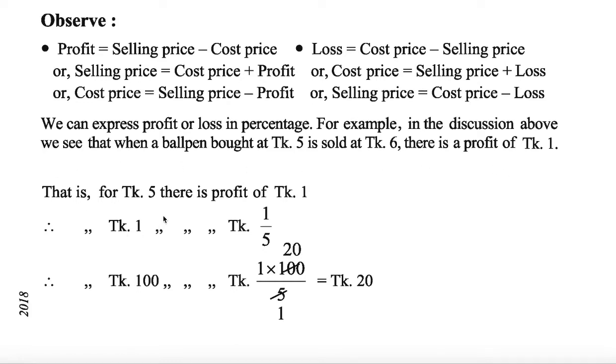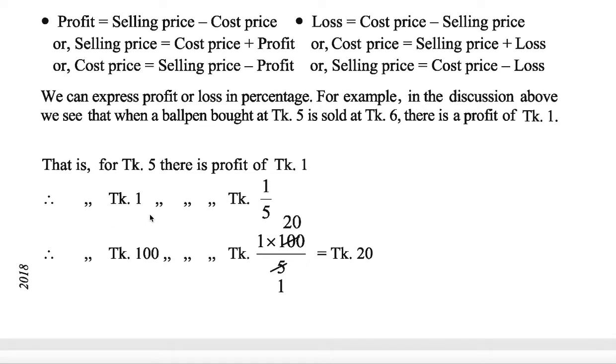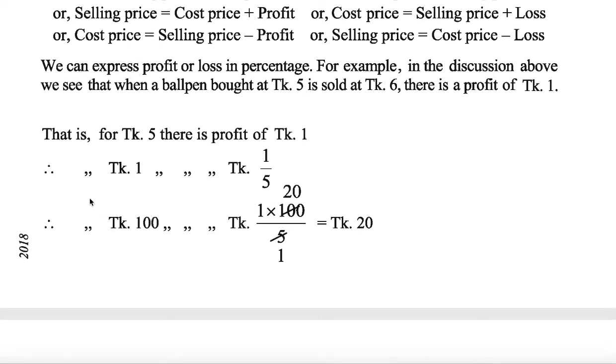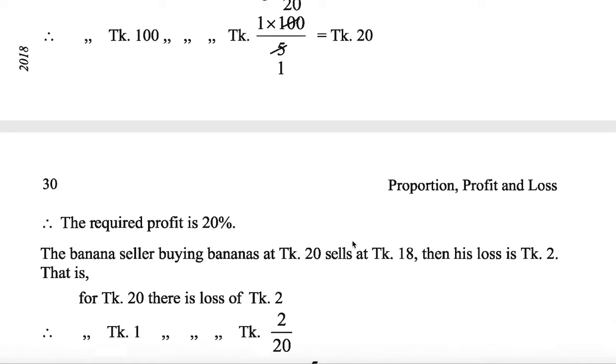That is, for 5 takas, there is a profit of 1 taka. So for 1 taka, the profit is 1 by 5. For 100 taka, the profit is 100 by 5, that is 20 taka. Our required profit is 20%.